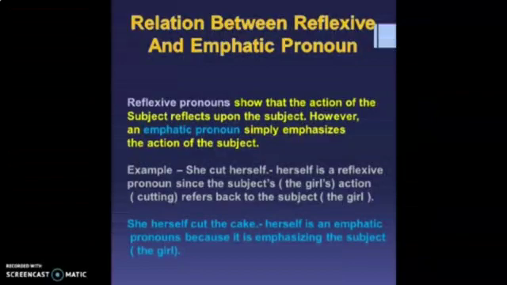Herself is a reflexive pronoun. Who is the subject? The girl. The action is cutting, the verb is cutting, and it refers back to the subject, the girl. So here, she cut herself, it is a reflexive pronoun. She herself cut the cake. Herself is an emphatic pronoun because it is giving the stress, because it is emphasizing the subject.